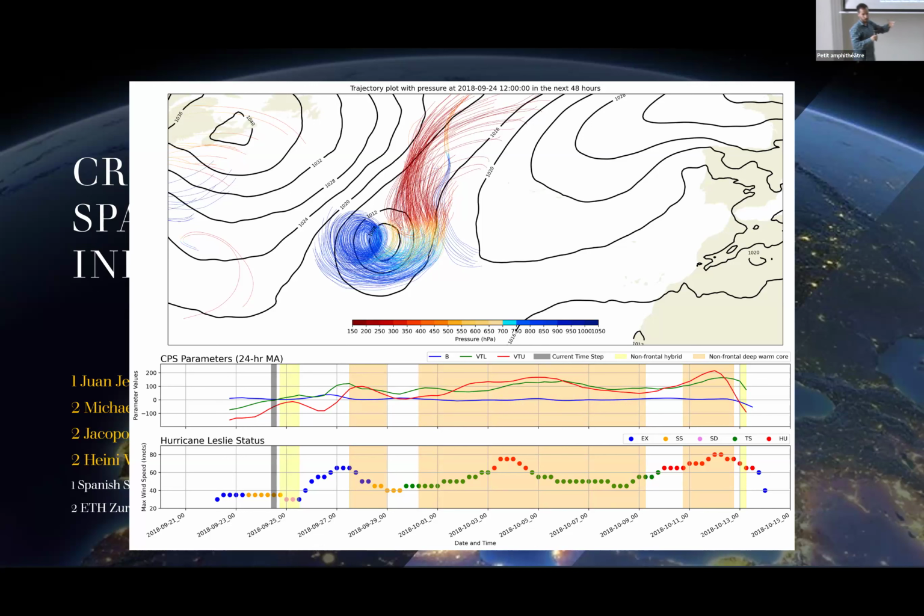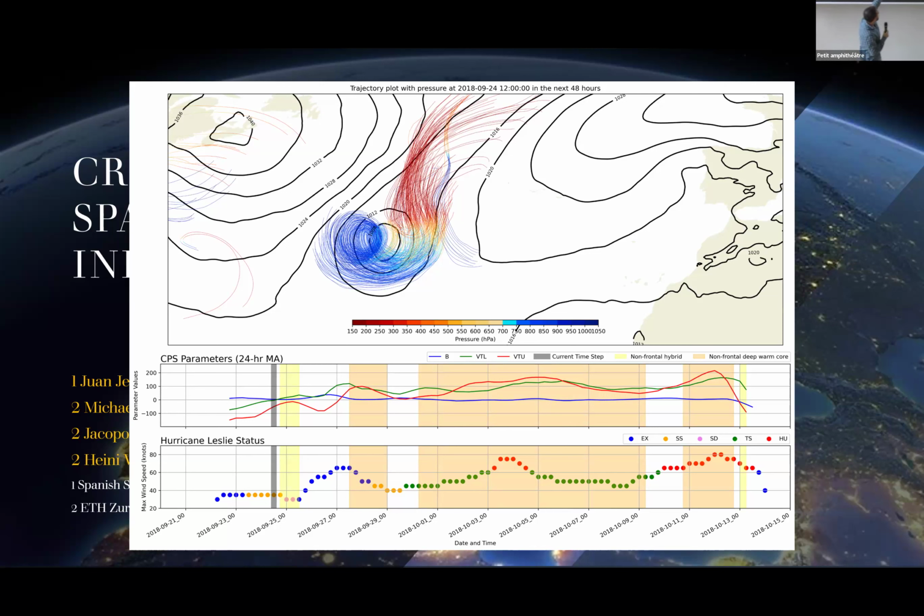It is a good prototype to show the complication of these kinds of processes, because based on the National Hurricane Center it is first extratropical, then a subtropical storm, then extratropical again, and this is when a warm seclusion is happening. That's why the cyclone phase space is aware of that, and it says this is a non-frontal deep warm core. So if you base the analysis on the cyclone phase space, you are identifying a tropical cyclone, but it is not.